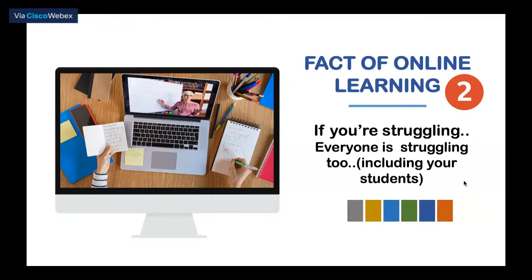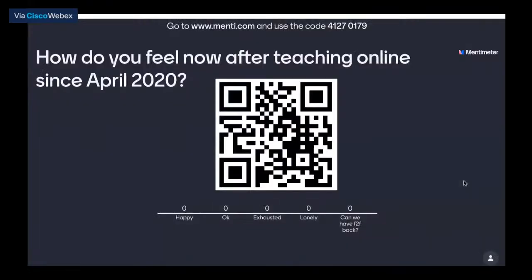So in today's webinar, I'm going to cover both lecturers as well as students. I would like you all to use your handphones and go to menti.com, and then use the code 41270179, or you can scan the QR code there.